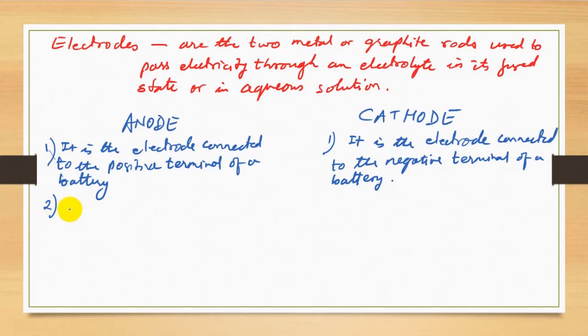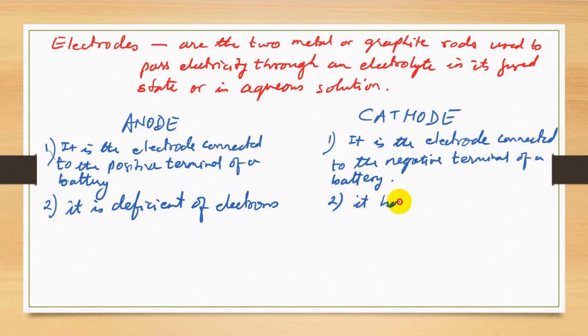So the second point I can write down: anode is deficient of electrons, whereas on the other side, cathode has excess of electrons. So since cathode has excess of electrons, it can easily give electrons, whereas the other one has less electrons, so it can take electrons.